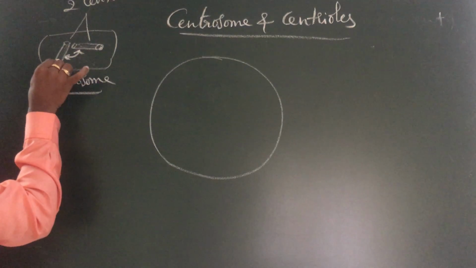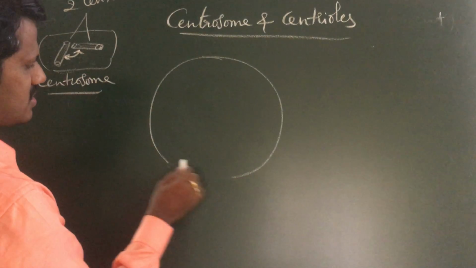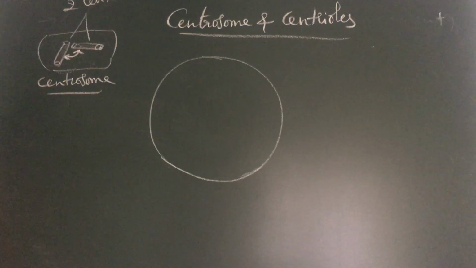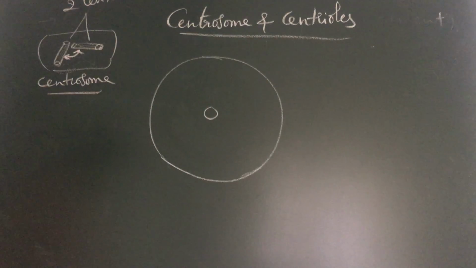When you cut a section and see how the inside arrangement is, how those nine are arranged, here also you have peripheral microtubules, but they are arranged as three microtubules. So these are triplets, nine triplets present at the periphery.